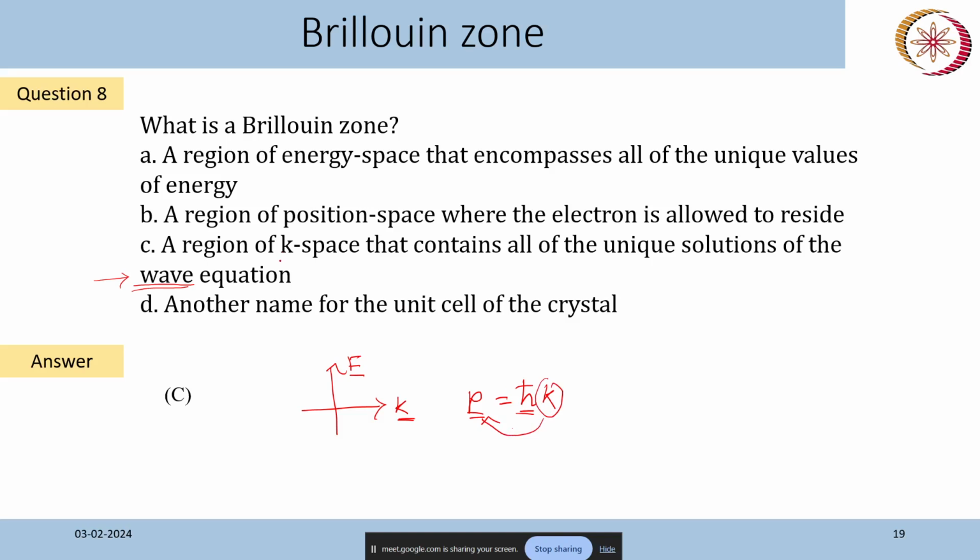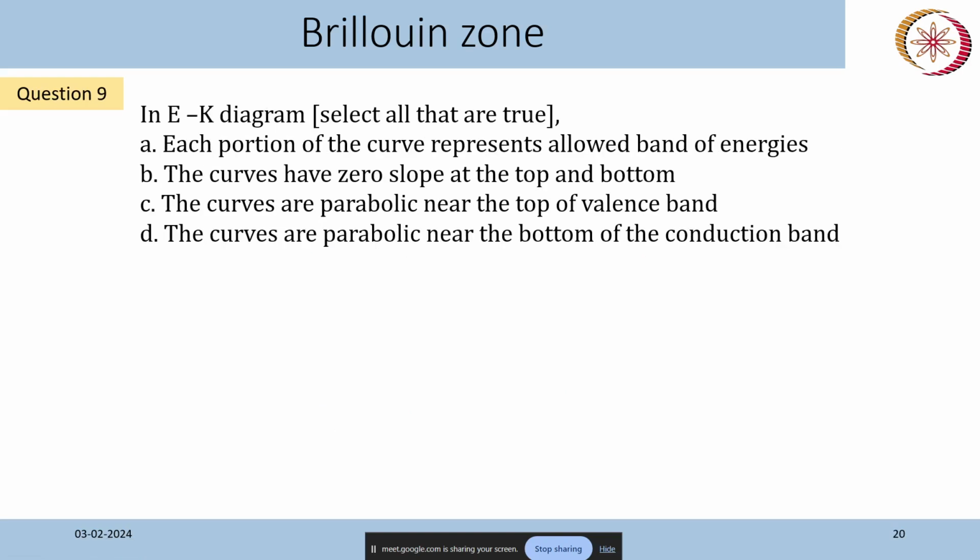So K space can sometimes be referred to as momentum space also, in terms of P. In momentum space also the allowed energy levels can be explained. Okay, so the answer is C.